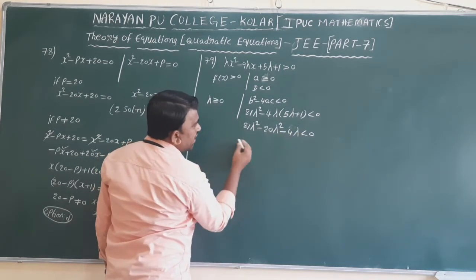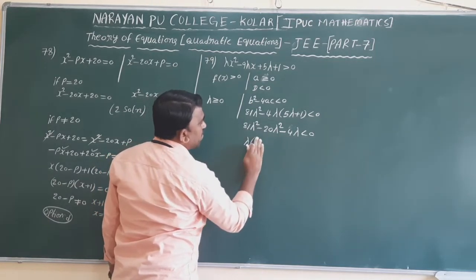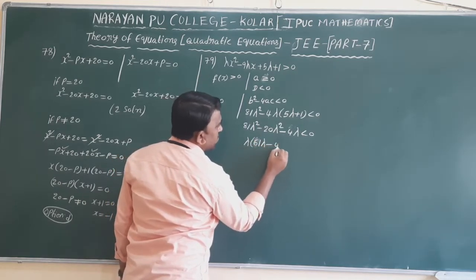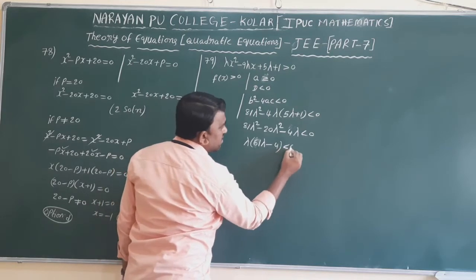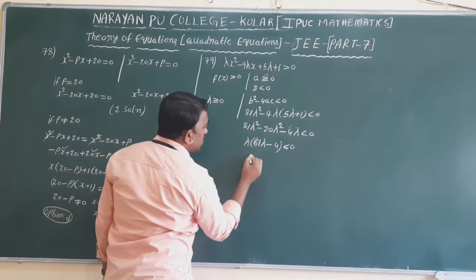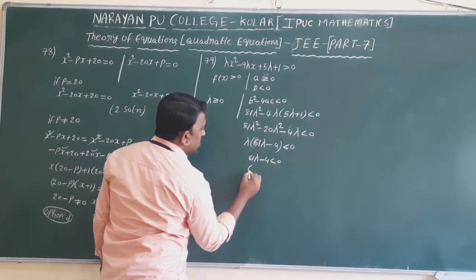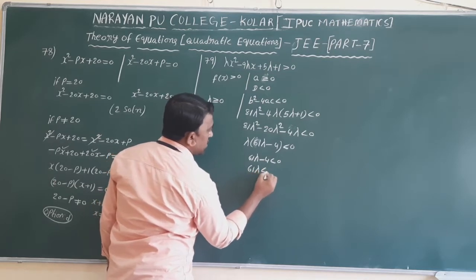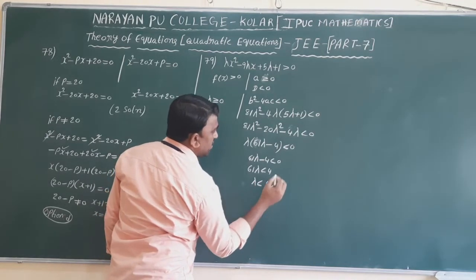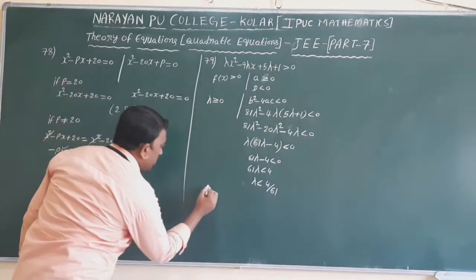So take lambda outside: lambda into 61 lambda minus 4 is less than 0. Lambda is already greater than or equal to 0 as we got. So 61 lambda minus 4 is less than 0, 61 lambda is less than 4, lambda is less than 4 by 61. So the lambda value is greater than 0 and less than 4 by 61.